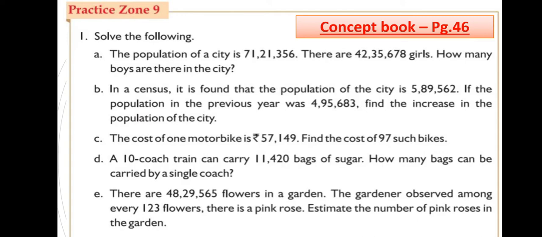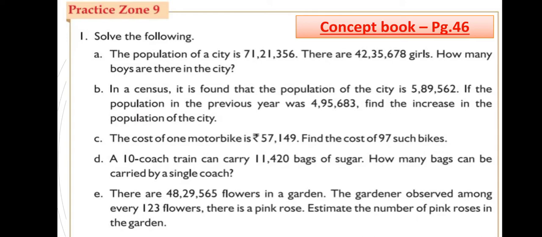There are 42,35,678 girls. How many boys are there in the city? So they have given the total population and number of girls. So you have to find the number of boys by subtracting the two values.